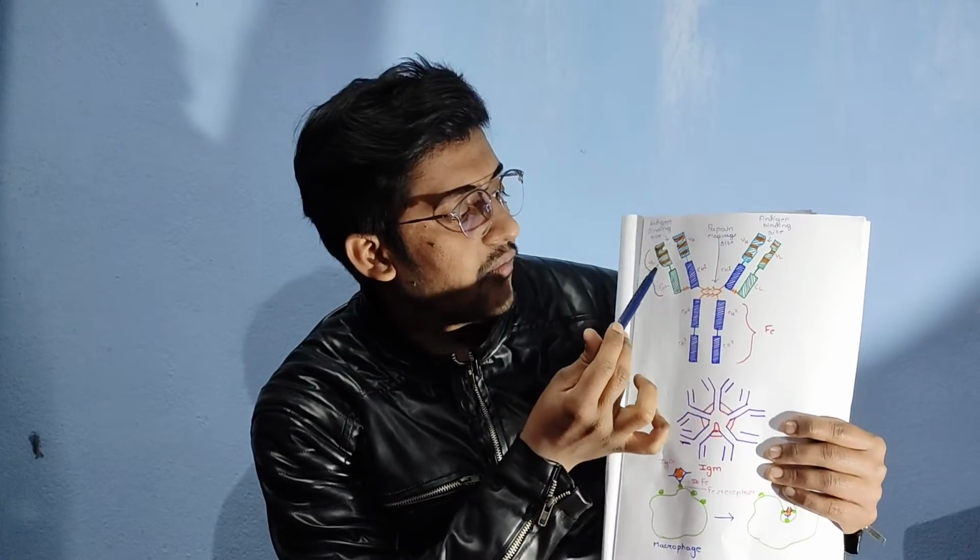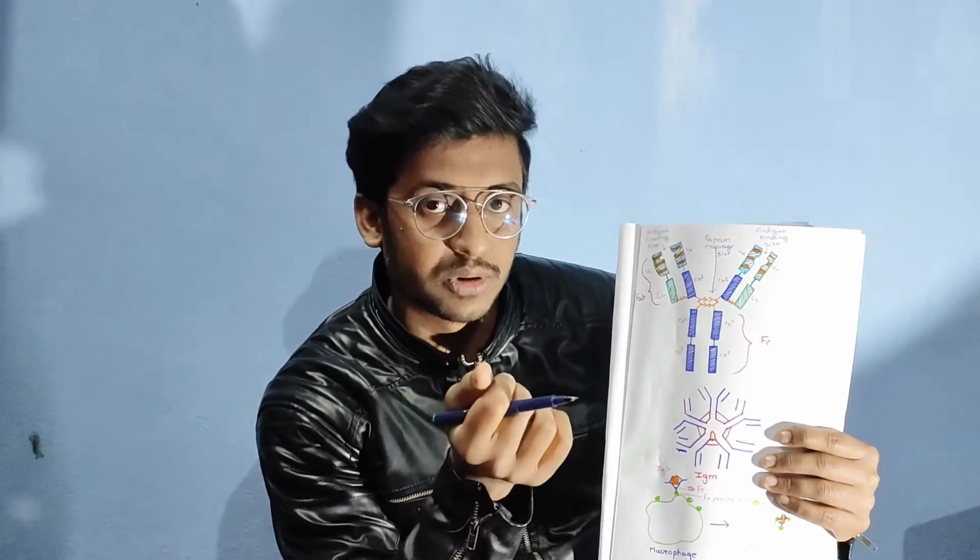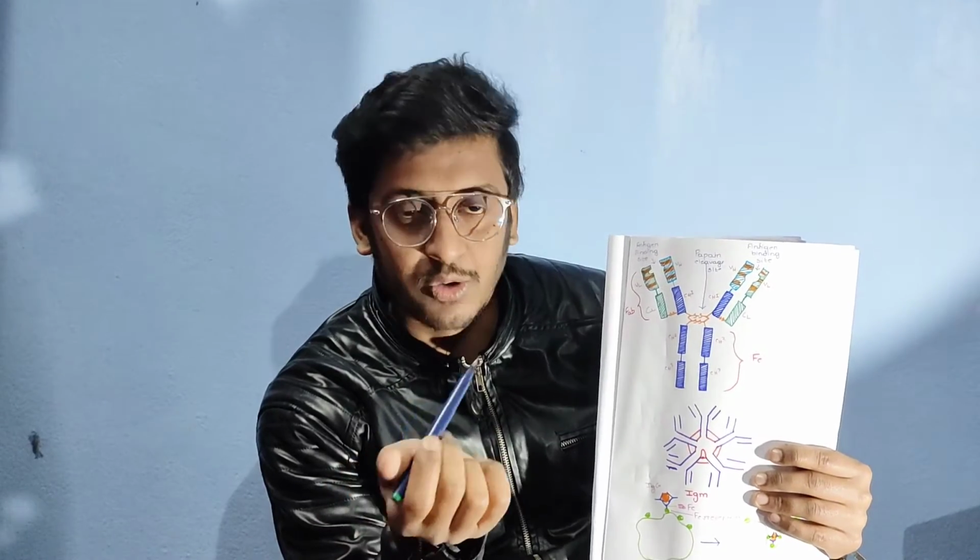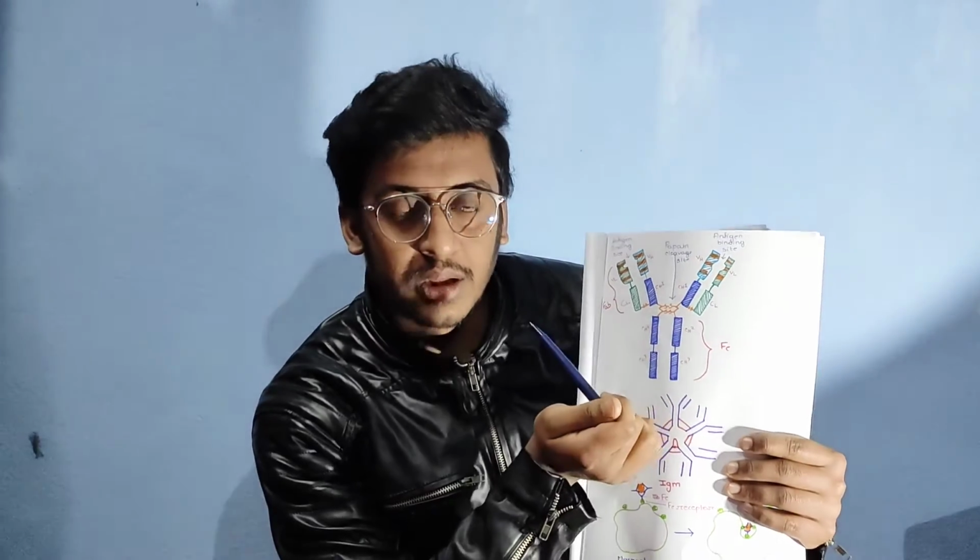The variable region is very important because the amino acid sequence in this area differs from one antibody to another, and each variable region contains CDRs, complementarity determining regions, or you can say hypervariable regions. One variable region contains 3 CDRs, so the immunoglobulin contains 12 CDRs.